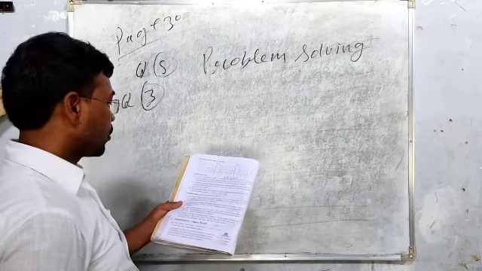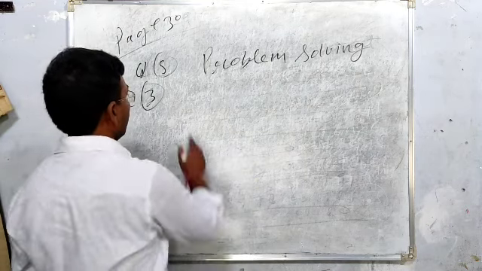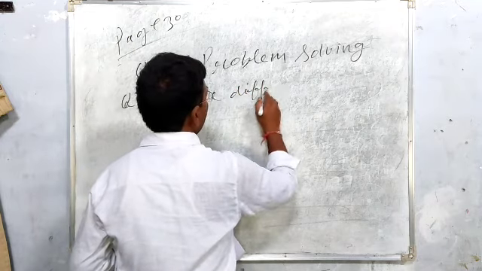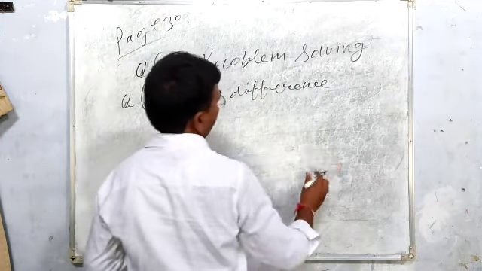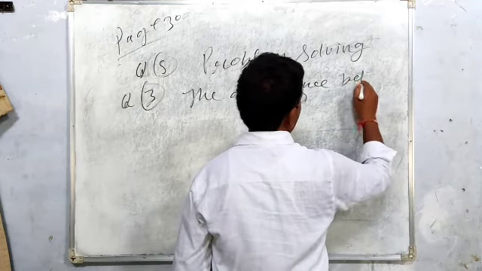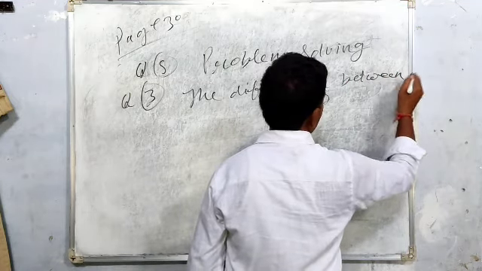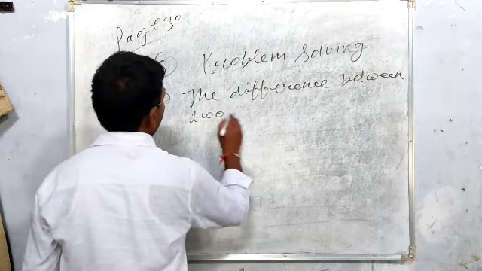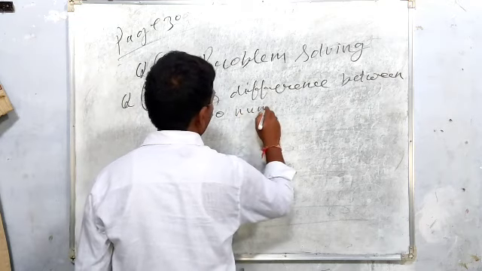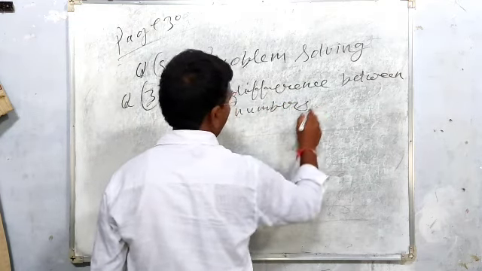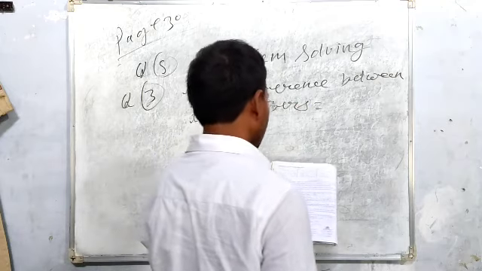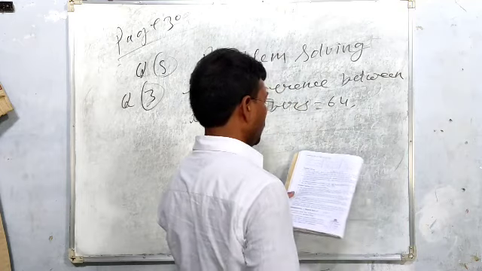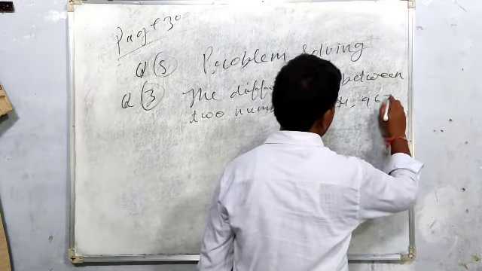Here given: the difference between two numbers is 64,967.